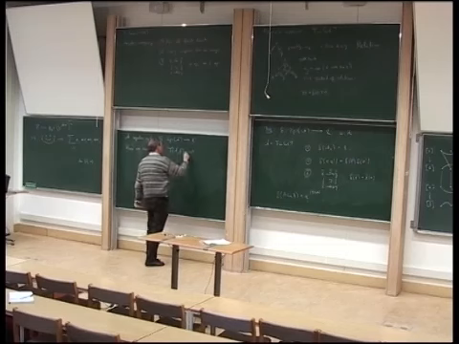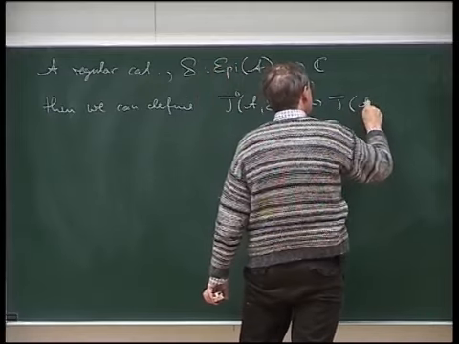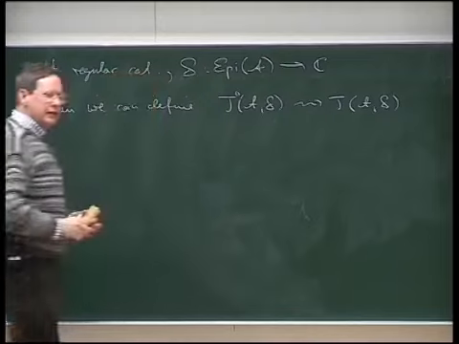And then we take the pseudo-abelian closure, and I get TA delta.